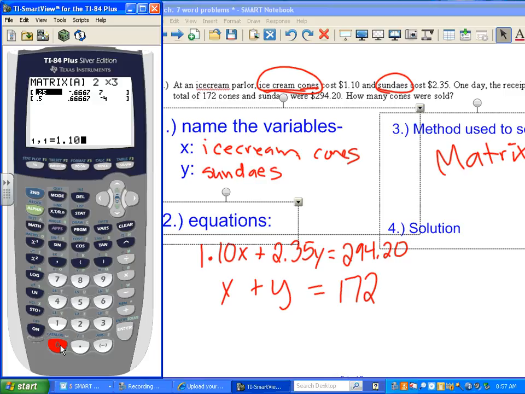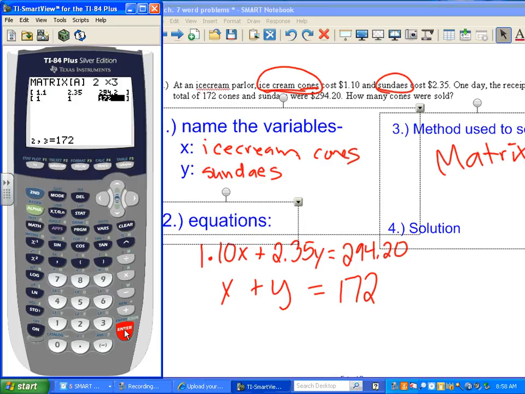So 1.10, enter. Second is 2.35, enter. 294.20, enter. And then the second equation is 1, enter, 1, enter, 172, enter. Oh, that's wrong. 172.